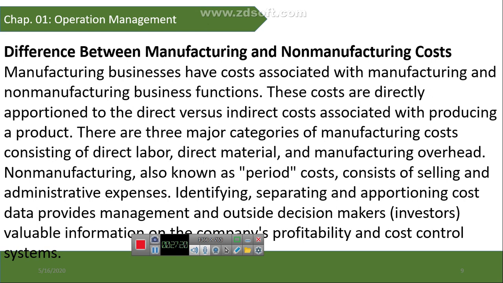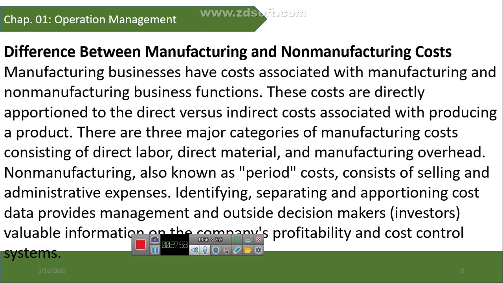For instance, fixed overhead cost consists of property tax, insurance premium, depreciation, and non-manufacturing employee salary, whereas variable manufacturing overhead costs include indirect labor, indirect material, and utilities. Though most of these costs are self-evident, indirect material costs are unique because these costs are not essential to the physical production of the product.